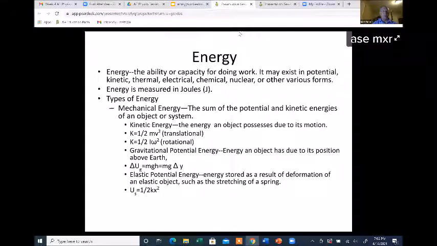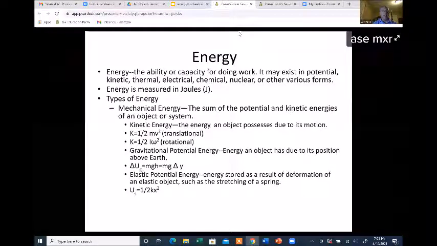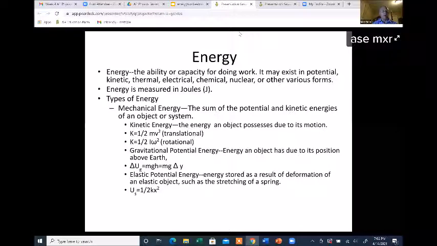There are two types of kinetic energy you need to be familiar with. The first one is what we call linear, or what your AP Physics formula sheet likes to refer to as translational kinetic energy. To calculate that, it's just 1/2 mass times the velocity squared. That's for linear motion, not rolling, not rotational.